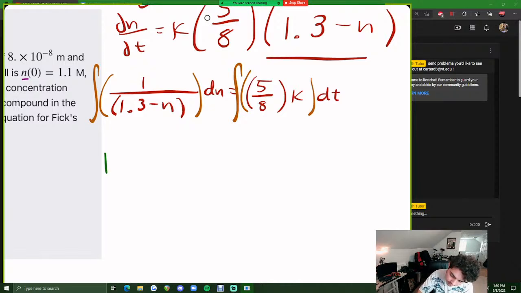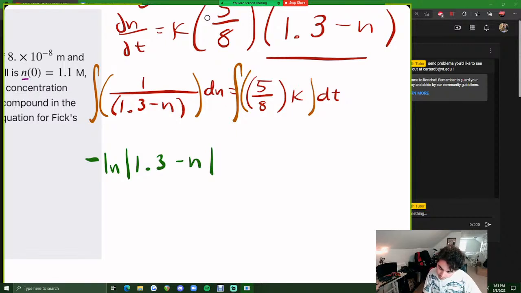So what we get as a result is the natural log of 1.3 minus N in the absolute value bars. The catch is that the derivative of the inside, the 1.3 minus N, is negative 1. And so we want to make sure we tack on a negative to the outside, or multiply it by negative 1.